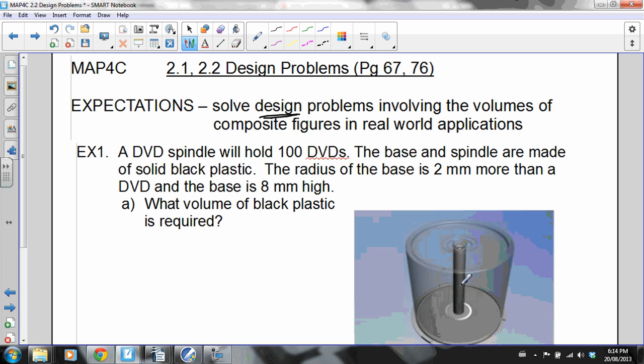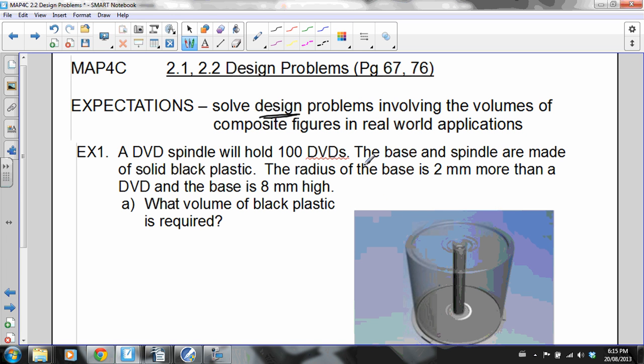We've hopefully all seen these before. The base and spindle are made of solid black plastic. The radius of the base is 2 millimeters more than a DVD, and the base is 8 millimeters high. Notice that a lot of the information is not given.